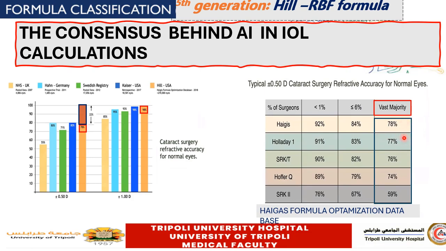So this gap to reach 100% or near 100% accuracy is still there, even with the advancement in the standard optics formula, the Vergence formula, and the advanced formulas, but still there is a gap for perfection. And this makes the integration of artificial intelligence mandatory to improve the accuracy of IOL calculation.